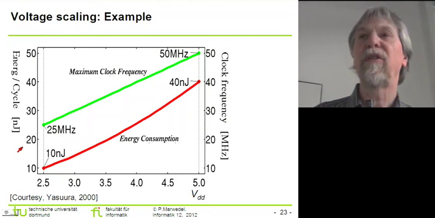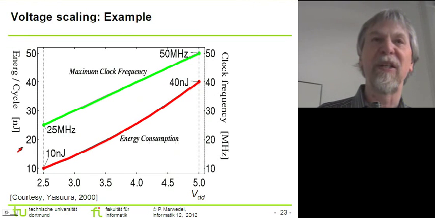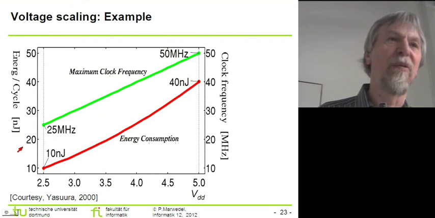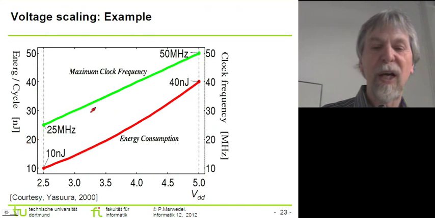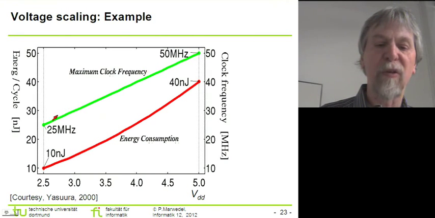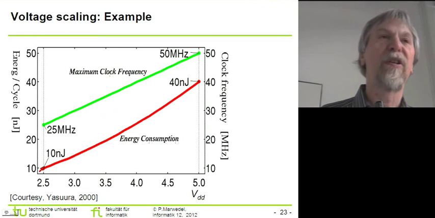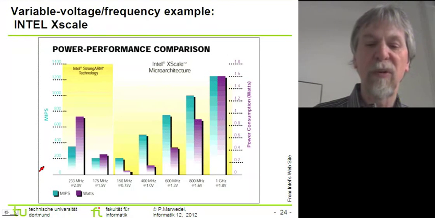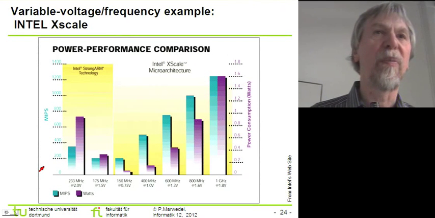Now, in order to get around that really stupid design, we try to exploit dynamic voltage scaling again. And we try to exploit the fact that by decreasing the voltage by a factor of 2, we can reduce the consumed power by a factor of 4. And we can do this for a couple of chips.